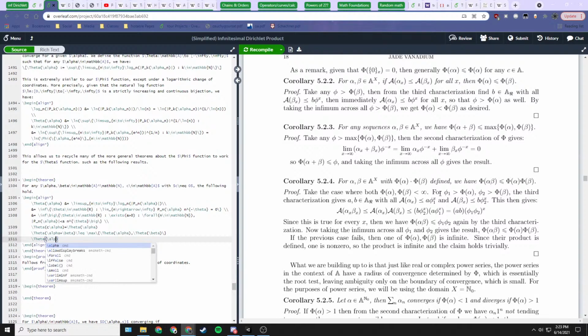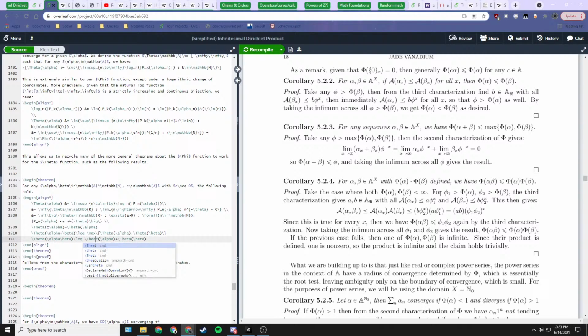theta of alpha beta being less than or equal to, so this should be the sum, theta alpha plus, sorry, not phi, theta beta, theta alpha plus theta beta.